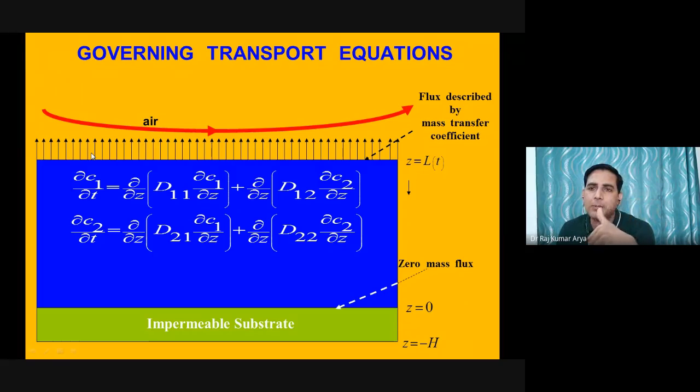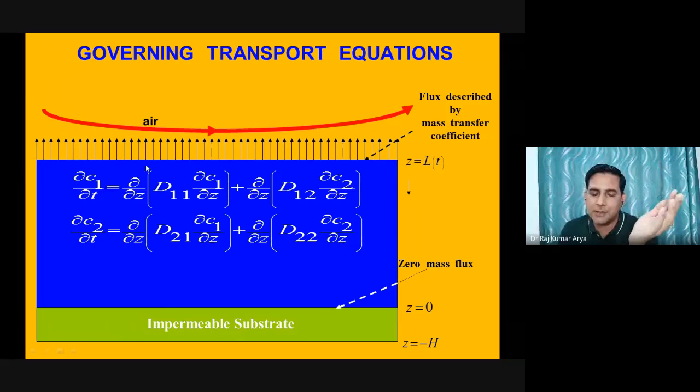Now, what happens in the case of a very high drying rate? It removes moisture so fast that a condition comes on the top surface where you will not have any moisture, purely solid material. You would think that your film is dried, but it's not, because inside you have a lot of solvent present. So that is also not allowed.